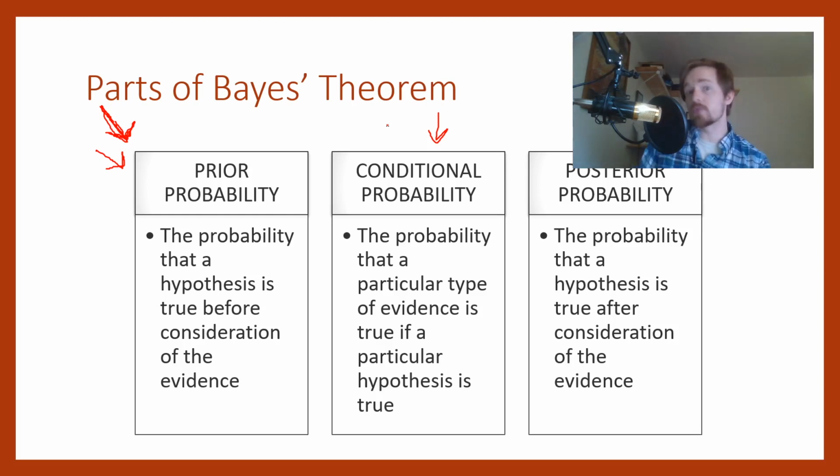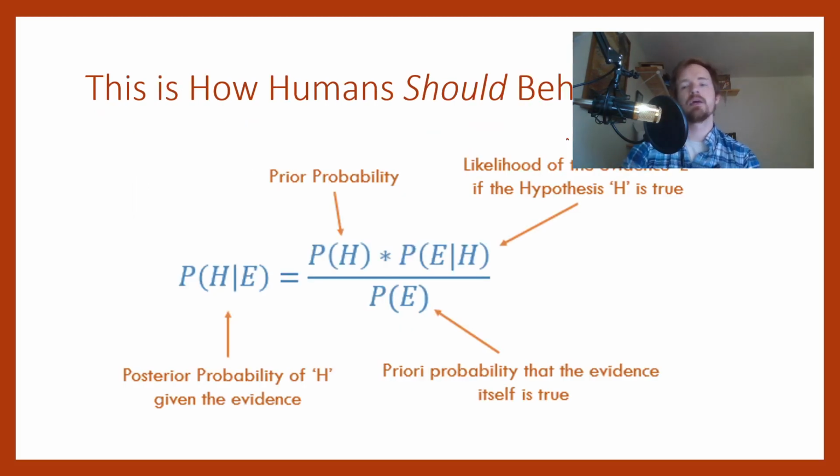Is this good, worthwhile, trustworthy evidence, or is it flimsy? You're going to use these two together to get this third piece, the posterior probability, which is the likelihood that the information you have is true given everything you know, which means looking at the prior probability and the conditional probability together. This is a fancy way of expressing that.